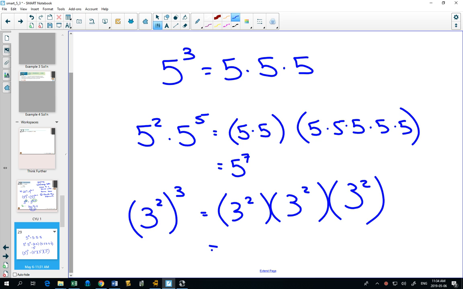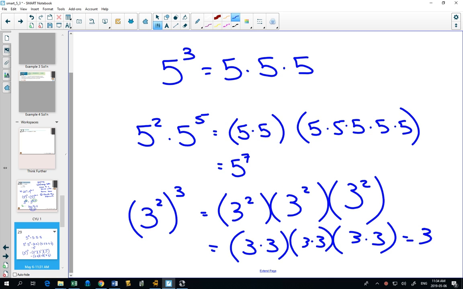And the 3 squared means 3 times 3, 3 times 3, 3 times 3, 3 to the 6. And all of a sudden you see I have 3 groups of 2, which is multiplying. It makes sense that I would multiply there. So if you think about what an exponent means, the rules will make sense to you.